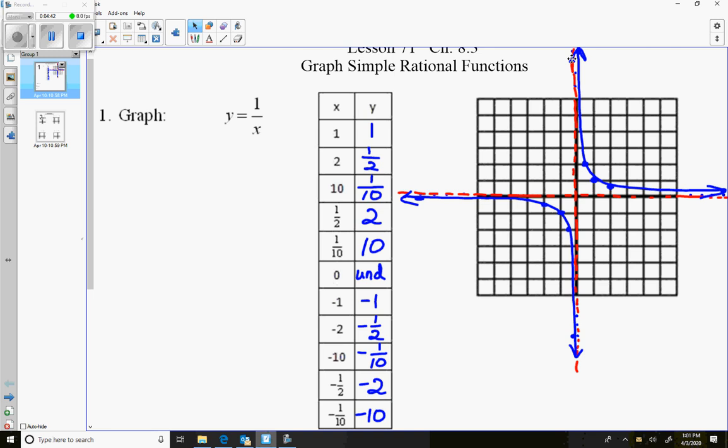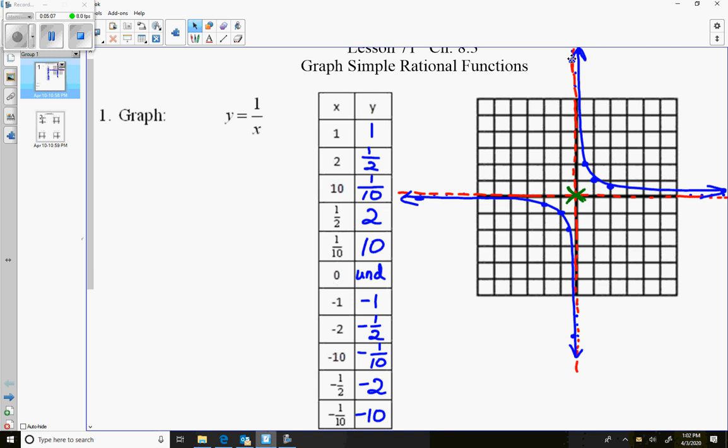Now, the key things I want you to recognize is that our starting point was still the origin, in this case, for the parent function. Through that starting point, we have both a horizontal and a vertical asymptote.